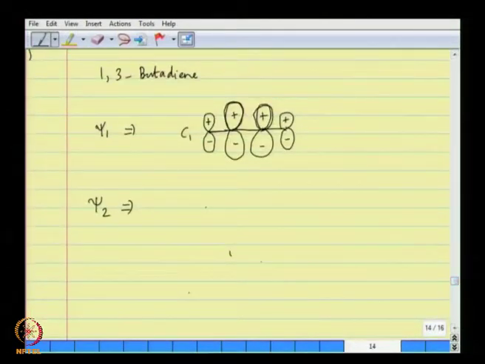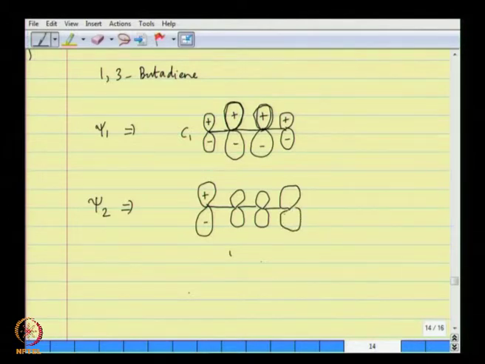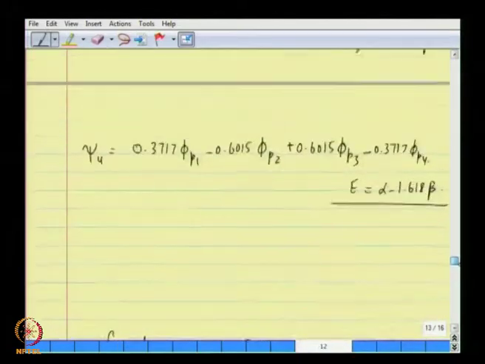Psi 2 is larger p1, plus minus smaller p2, smaller p3 and larger p4. Well, 1 and 4 have the same contribution, 2 and 3 have the same contribution, of course reduced, and let us see the signs again.